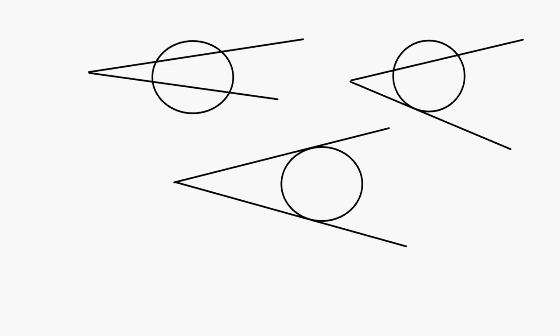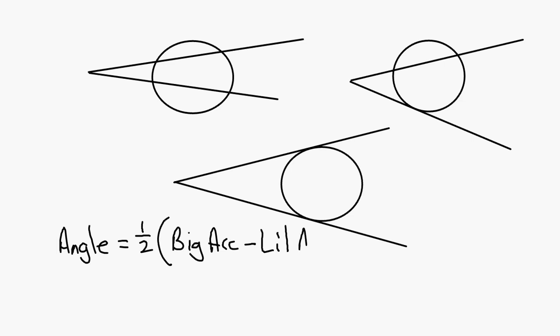So, when the angle formed is outside the circle, the angle equals 1/2 times big arc minus little arc. The angle equals 1/2 times big arc minus little arc.